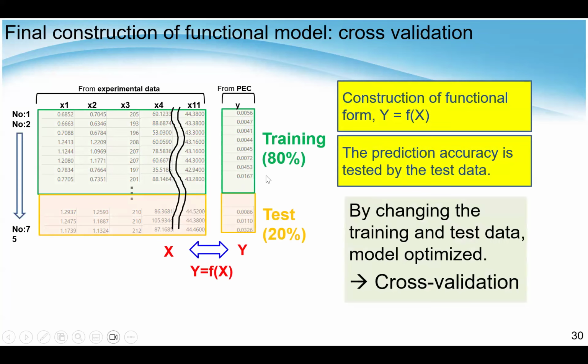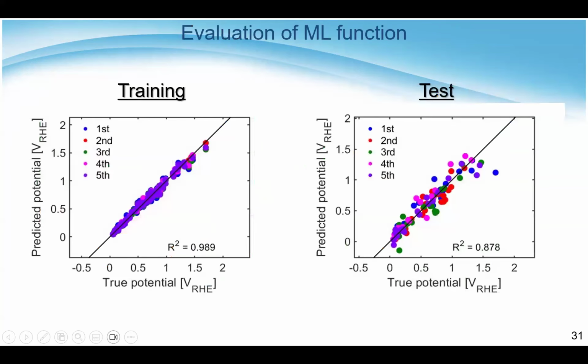And this combination is randomly changed and then averaged, which is called cross-validation. So when we apply this to hematite materials, this is the training result and the test result. This is actual photocurrent and predicted photocurrent.